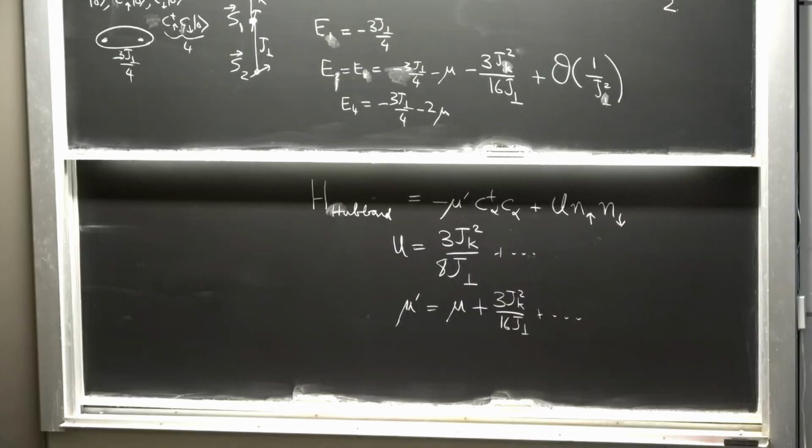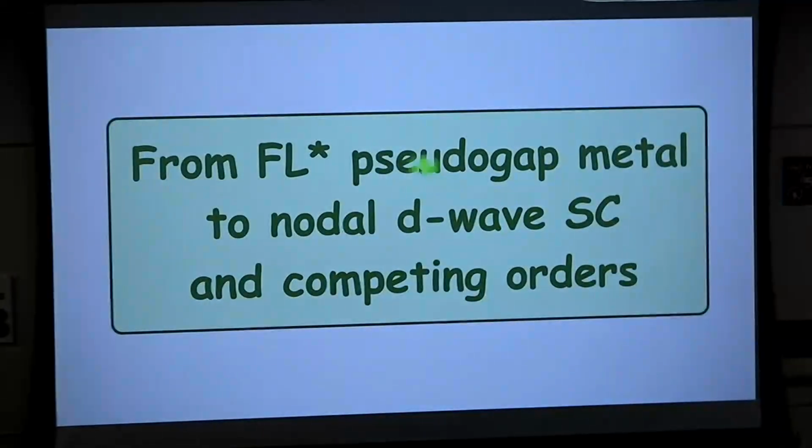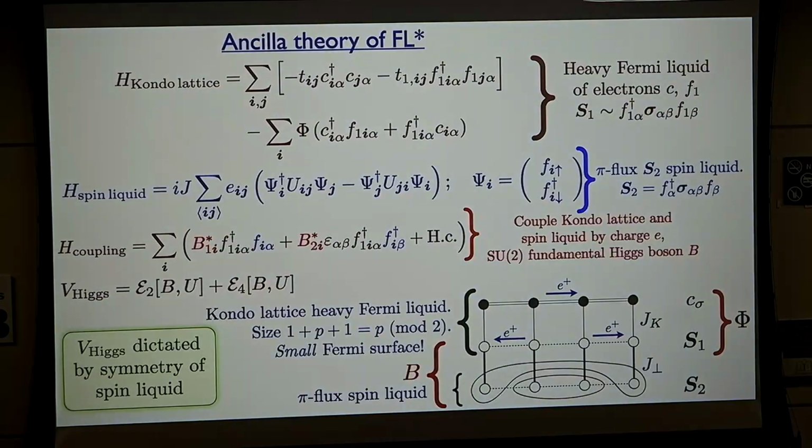So now let's get back and just finish up a few details of things I wanted to cover. You just do that on the lattice, and you get this three-layer model over here with exchange JK, exchange J perp, and we've also put in an exchange J in the bottom layer.